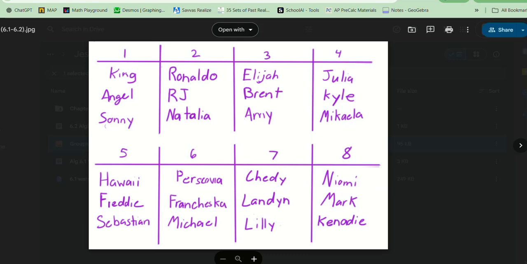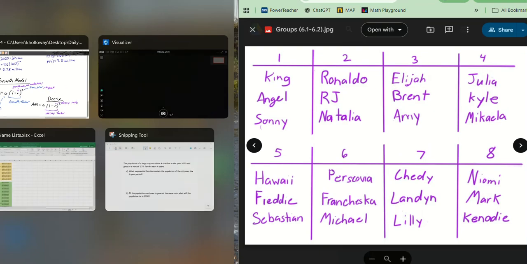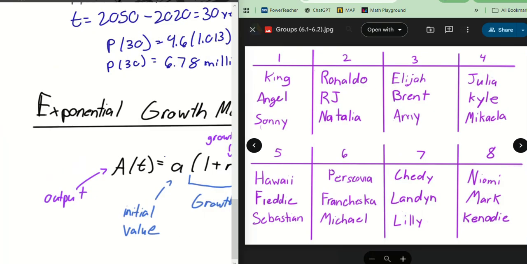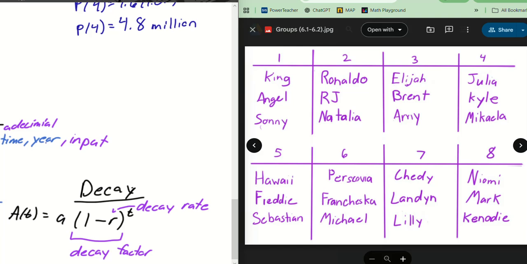Group 8 will be on this board. Do you just need the decay part? Yeah. Okay, find your groups. And then I'll give you a problem once you're up.